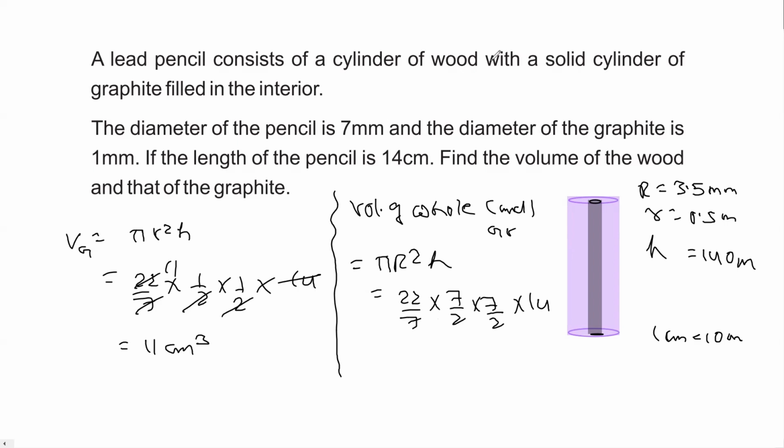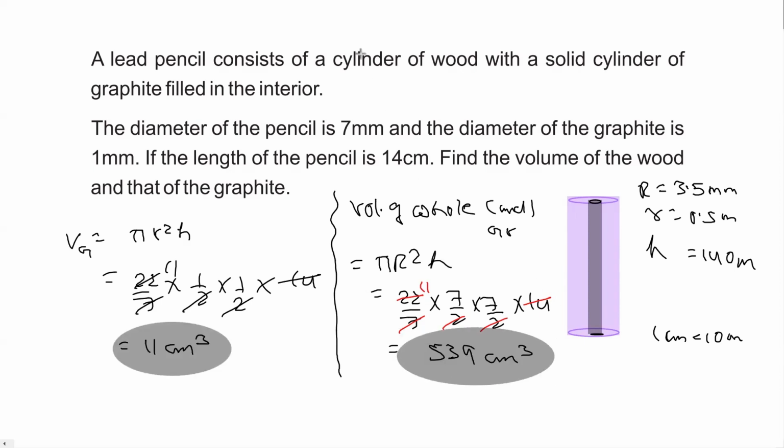Here too, I can cancel these numbers. 7 into 2 is 14, and this gets cancelled, 2 1 times and 2 11 times. So that gives you 7 into 7, 49, into 11. So it's 539 centimeter cube.